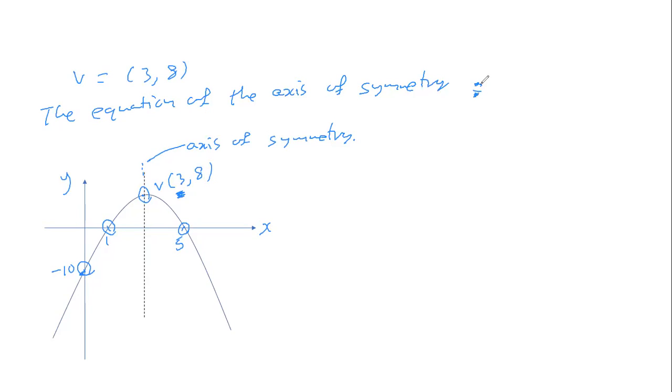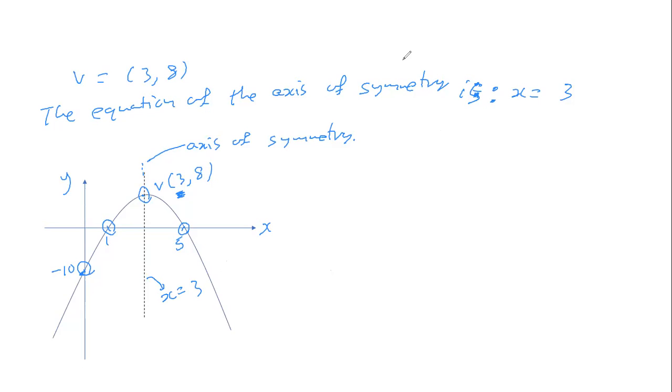So the equation of the axis of symmetry is x equal to 3. Right? This equation is x equal to 3. So that's all about this parabola, right?